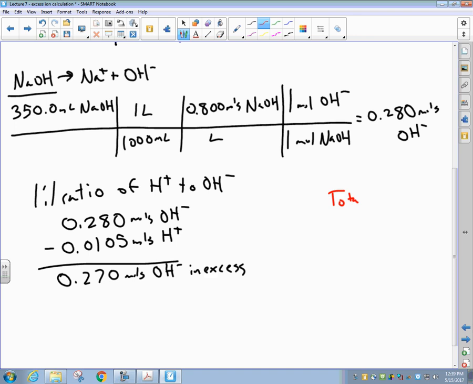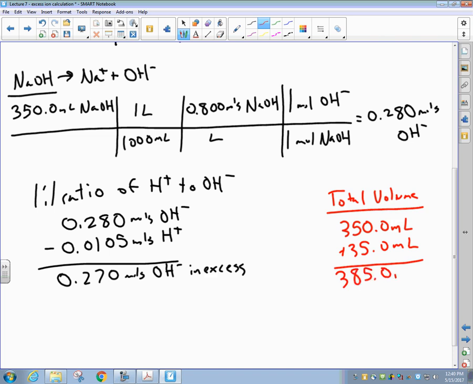We have the total volume of our solution. We have 350 milliliters plus the 35 milliliters, which gives me 385 milliliters. I'm going to do a quick conversion.